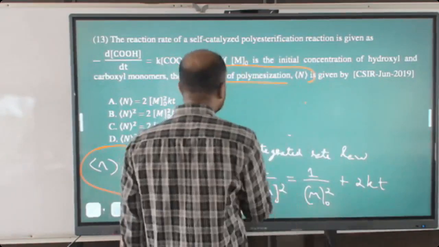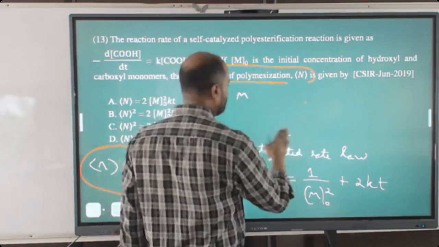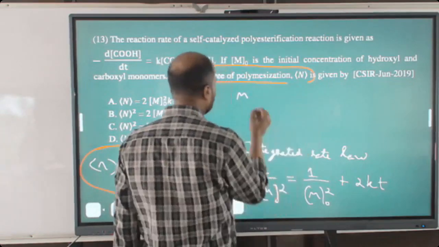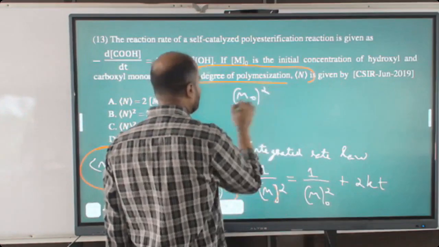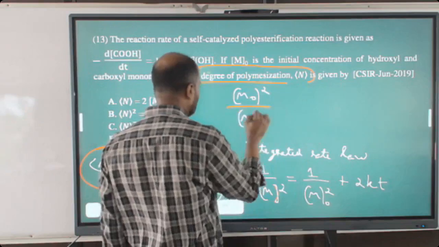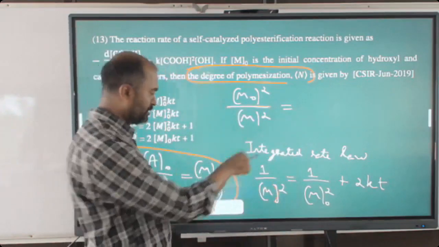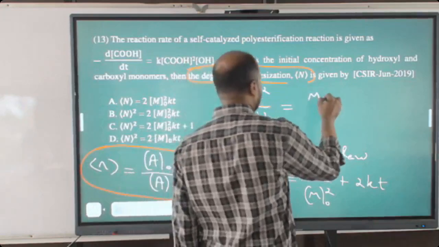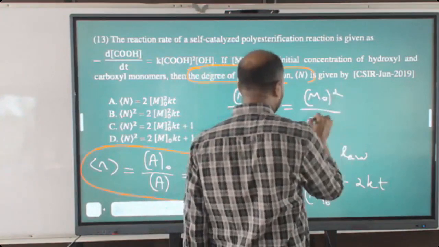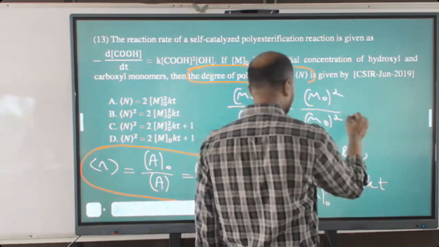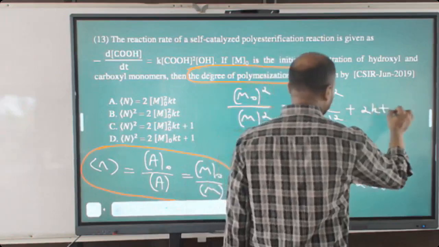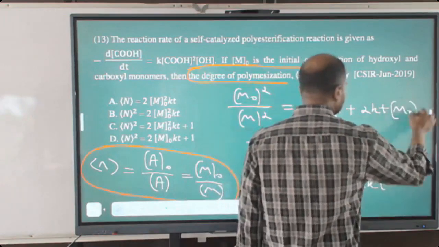So M0 square by M square is equal to M0 square divided by M0 square plus 2kt M0 square.